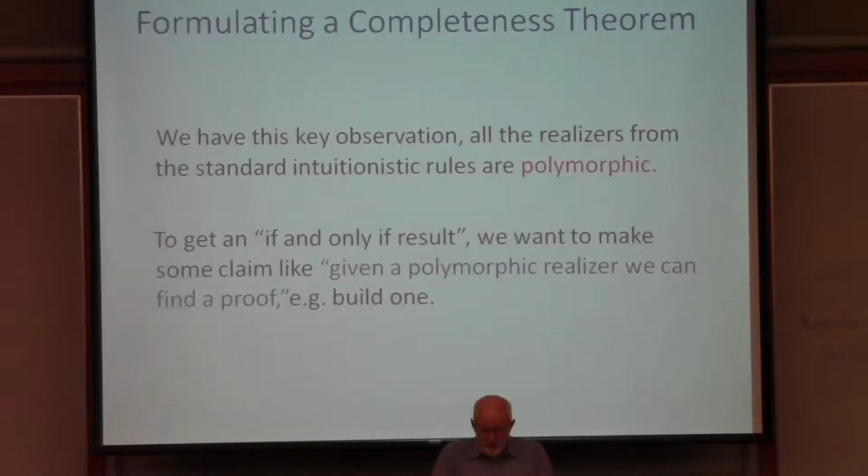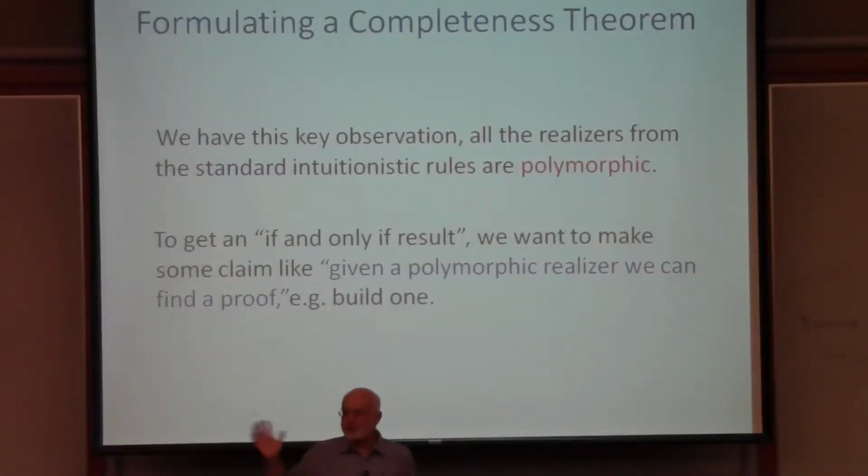Okay, but let's now try to formulate the completeness theorem and then go through the key steps of why it's true. So remember, what we've got, the starting point for you, I think, is to notice that those simple proof rules generate uniform, or polymorphic, we don't have to use the word uniform yet, realizers. All the realizers that we get from the proof, except for P or not P, are uniform, that is, polymorphic.